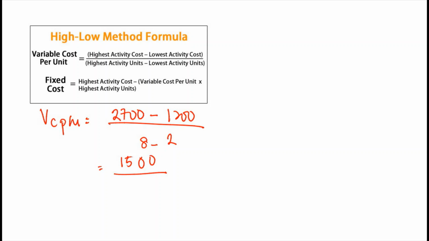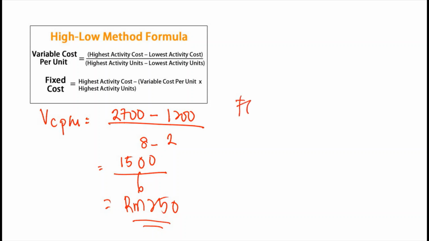So you have 1,500 divided by 6. If we do the calculation, the variable cost per unit will be 250. So RM 250.